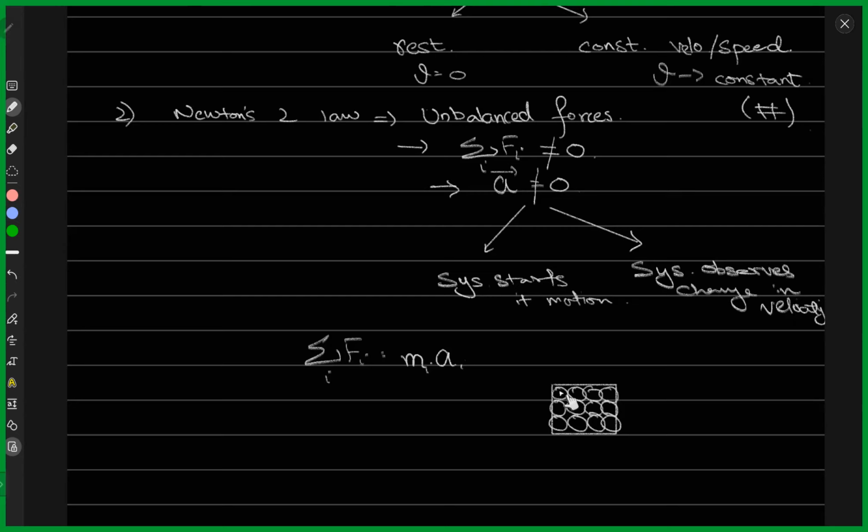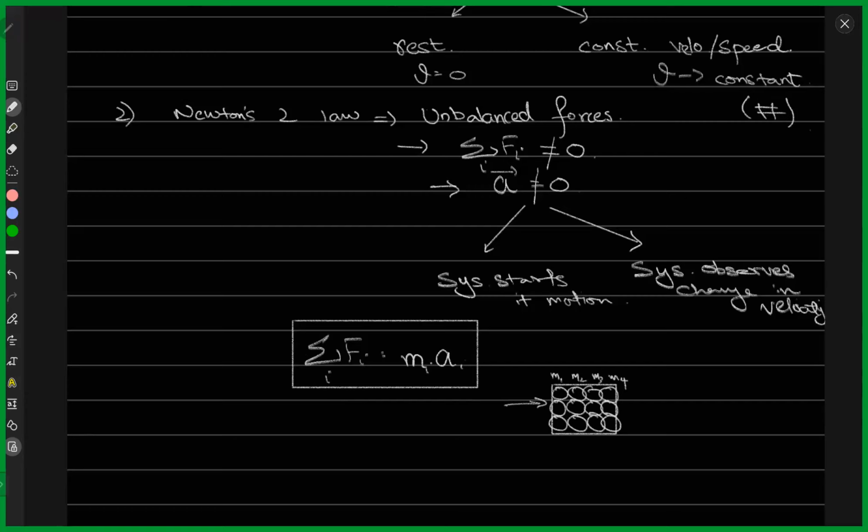Every ball would have its mass m. Suppose this ball is m1, this is m2, this is m3, m4, and so on. Now if I apply a force to the system, in practice all of these masses would experience slightly different accelerations. So one way to think about this is in terms of multiple masses experiencing multiple accelerations. That's Newton's second law of motion, mathematically.